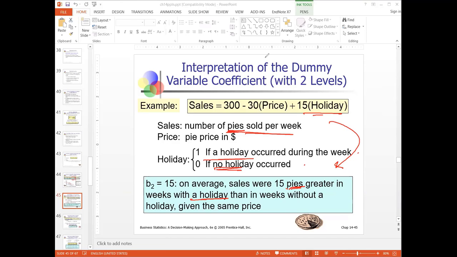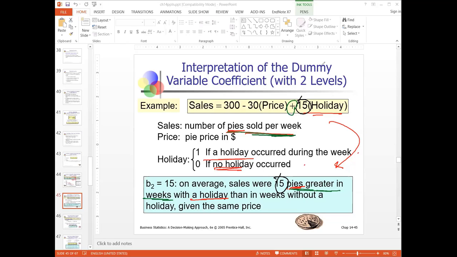So it means the definition includes several things to be noted. First, let me change the color for each one. First, it is talking about that number. It is coming from the slope. Second, it is talking about the quality that we are discussing. First of all, it is talking about the change. The change should have units. So it is pies greater in weeks, so it should be pies sold per week, and greater because it is a positive sign.